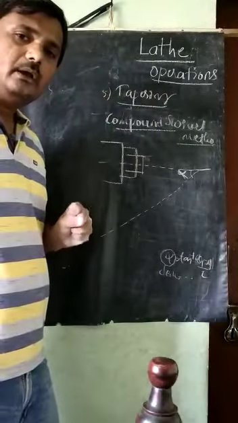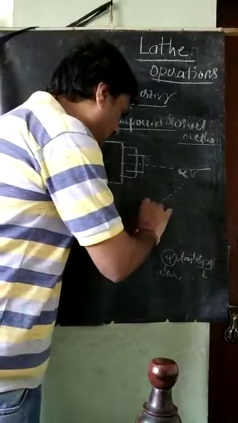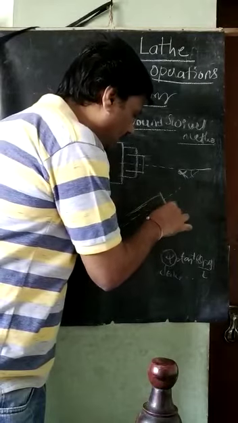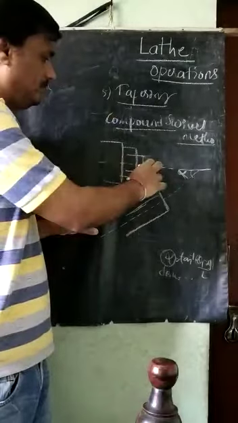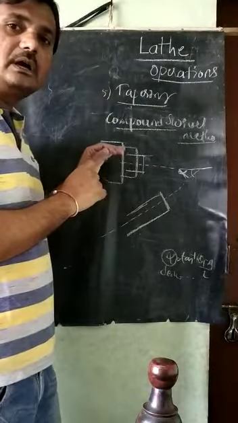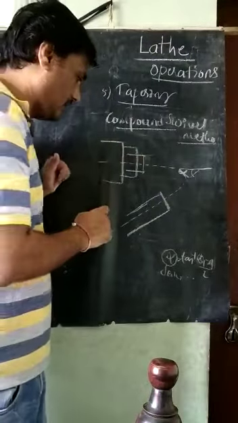So what we are doing here is setting the compound slide. The compound slide is swiveled with angle alpha with respect to the axis of this live center, or else the headstock axis here.